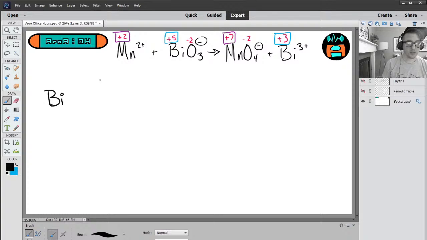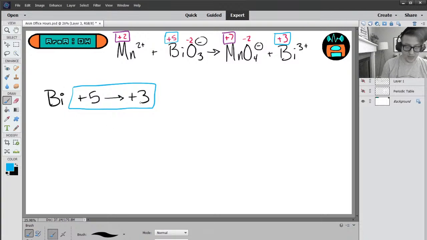That means bismuth has gained electrons, right? It's picked up 2 negative charges to go from a +5 to a +3. So bismuth, because it's gained electrons, is reduced.